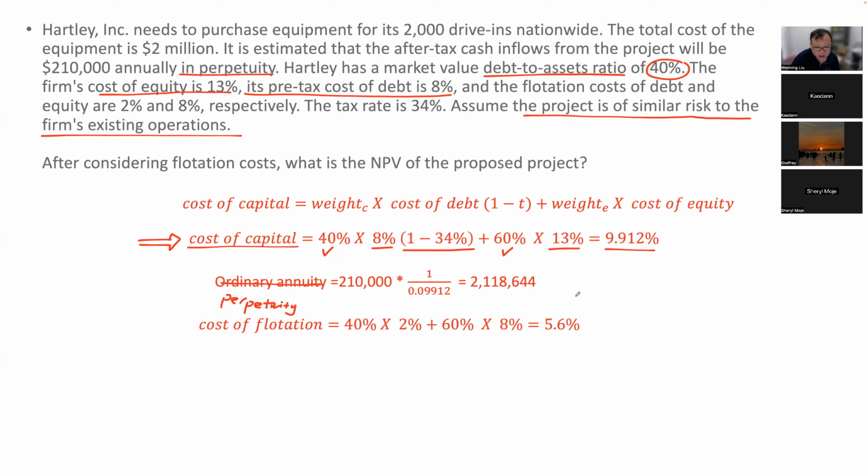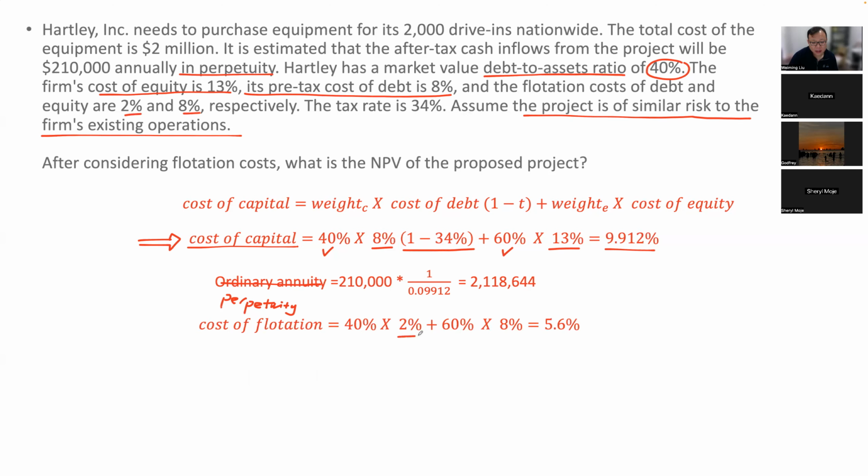Now the cost of flotation. When you raise money, whether you raise debt or equity, there are costs associated with raising these capitals. In this case, the flotation costs of debt and equity are 2% and 8%, respectively.